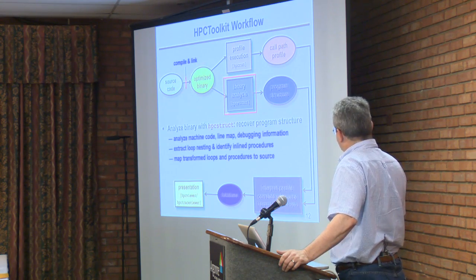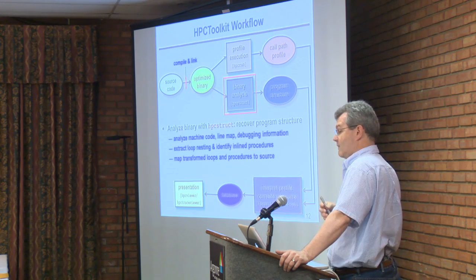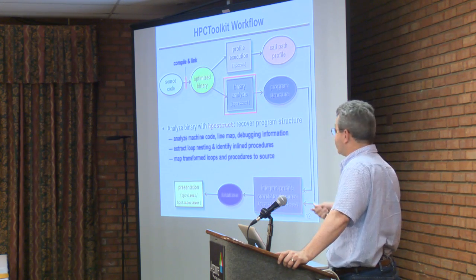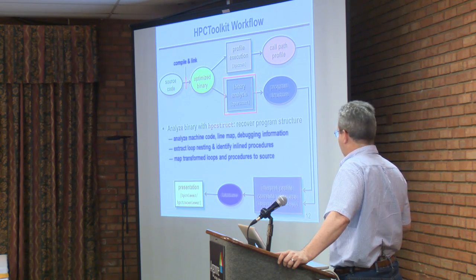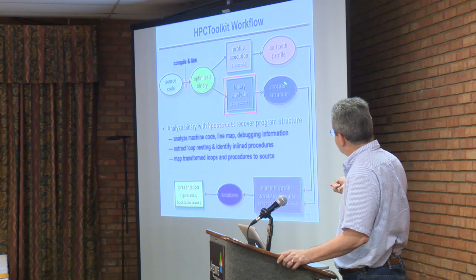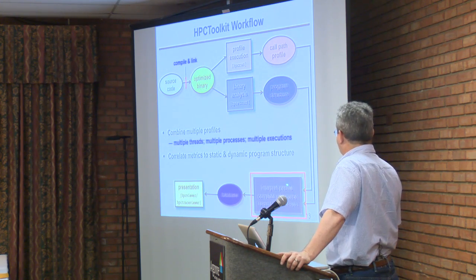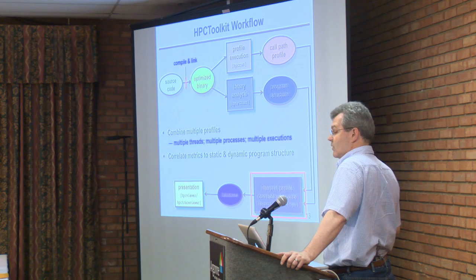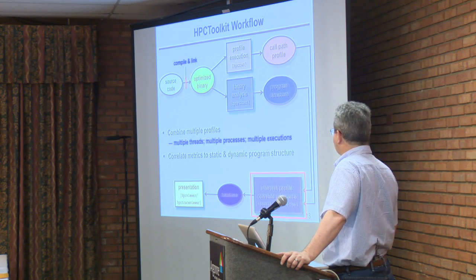So we collect these call path profiles, which are a representation of the execution of the application. We do the binary analysis to recover program structure, and then we combine the dynamic information with the static analysis information and produce a database that represents the execution of your program.